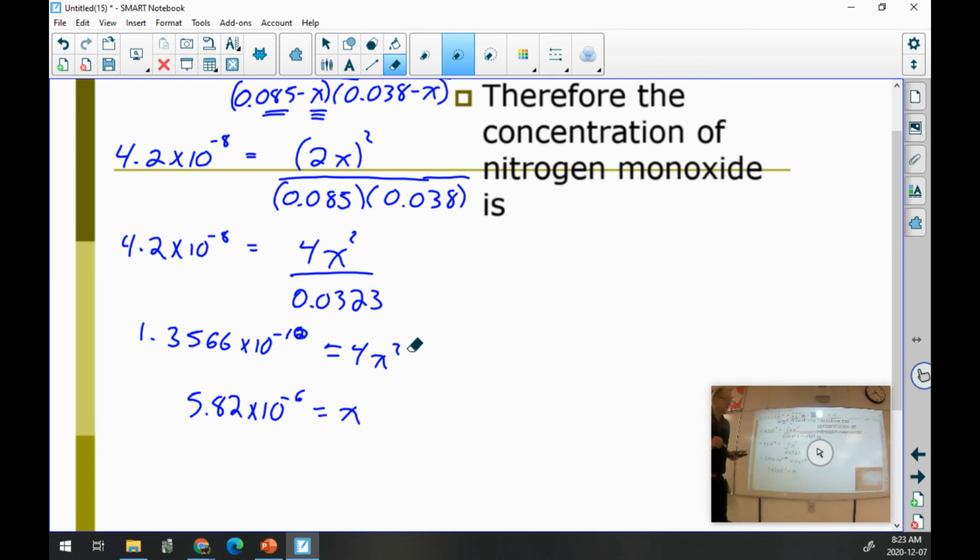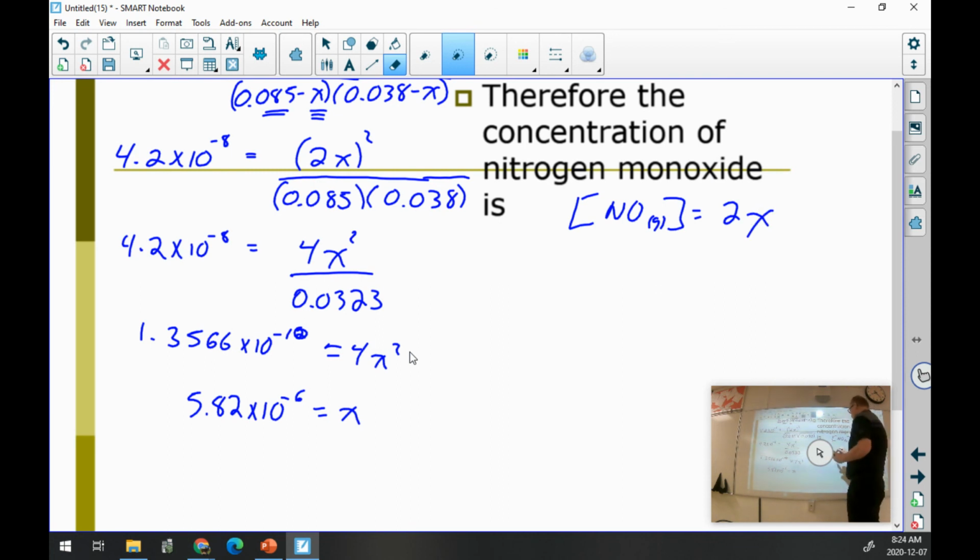Going back to our expression, in our ice table, the concentration of the nitrogen monoxide gas was given to be 2x. So multiply that by 2. 1.16 times 10 to the negative 5 moles per liter.